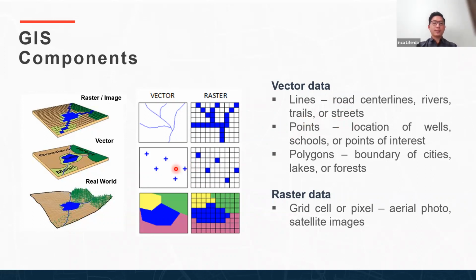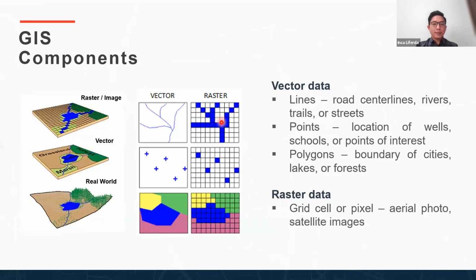While the points, for example in routing decisions, are maybe demand points, depots, warehouse locations, schools. And the polygons are like the boundaries of cities, lakes, and forests. This can also be modeled as raster data, but remember again, raster data is going to be like pixels. This is the comparison between vector and raster data.